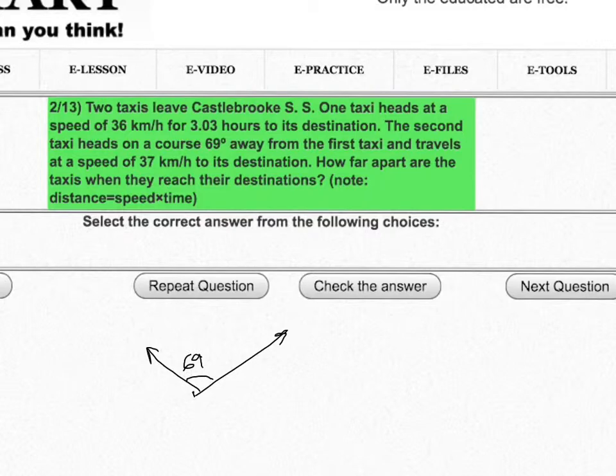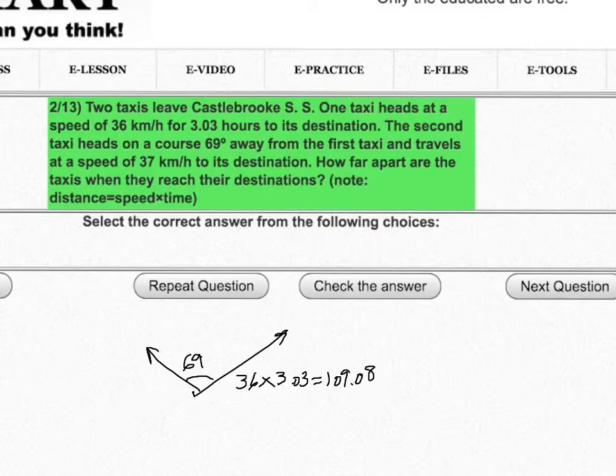Also, the distance that they travel is known because I can find the distance by multiplying the speed times hours. So the first one is 36 kilometers per hour times 3.03. And how much is this one? 109.08. So this side of the triangle is 109 and some change, in kilometers.